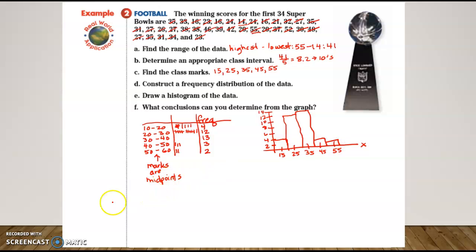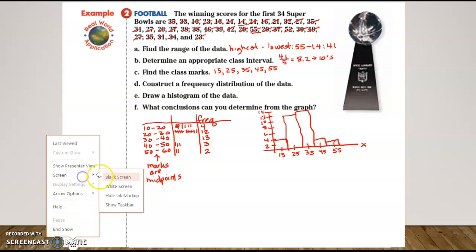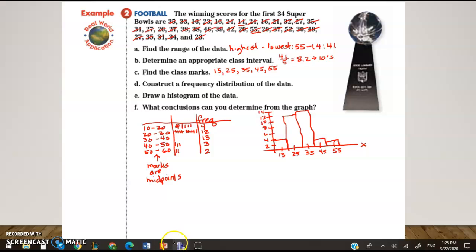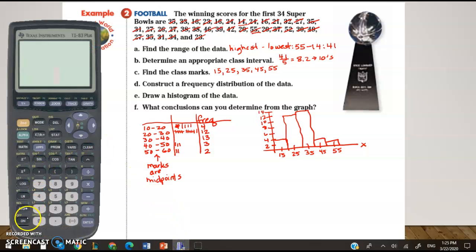Now, if you are going to put it into your calculator, then you're going to need to go to Stat, Edit, and you would put in your class marks.